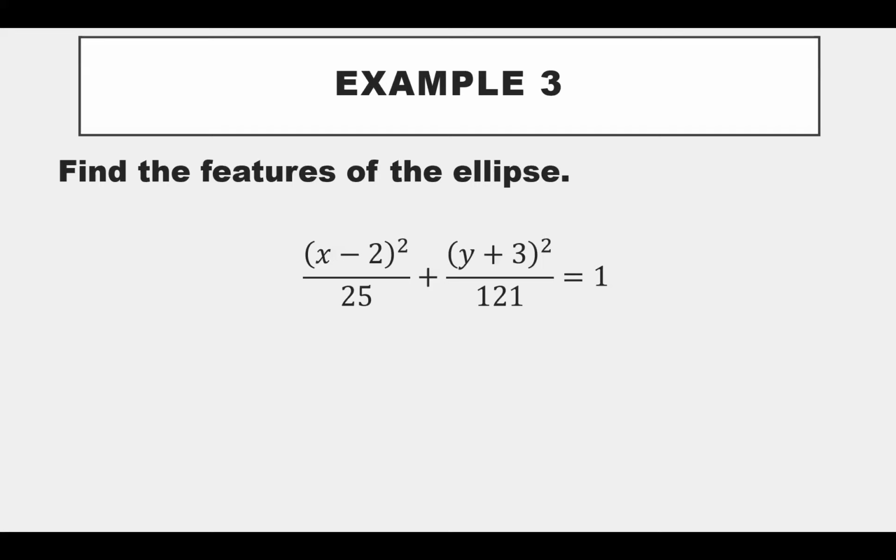So we'll just find the features of this ellipse. Go ahead and push pause on the video if you'd like to do that on your own. Otherwise, I will do it in a couple of seconds.